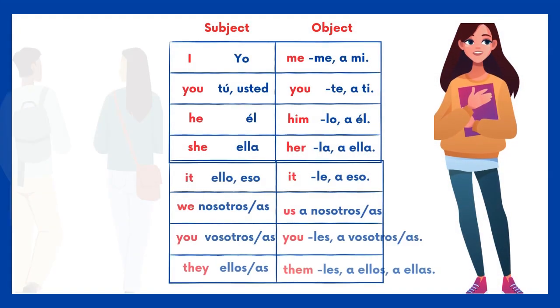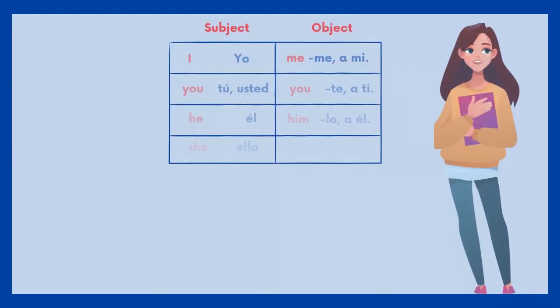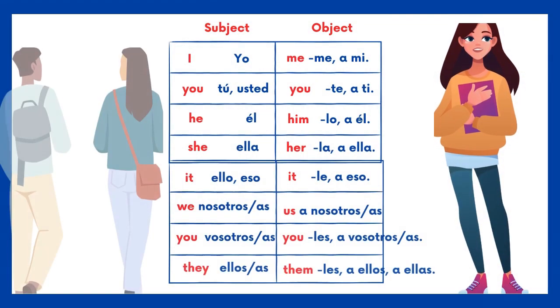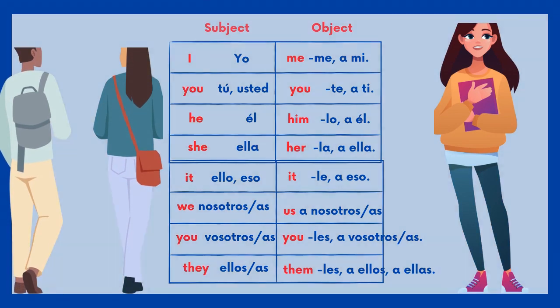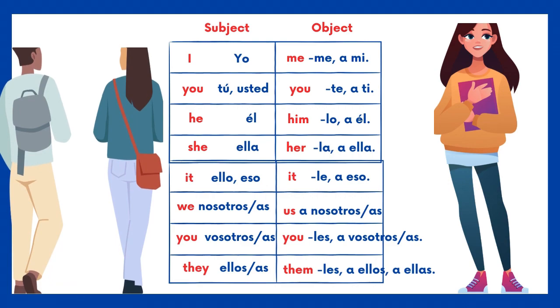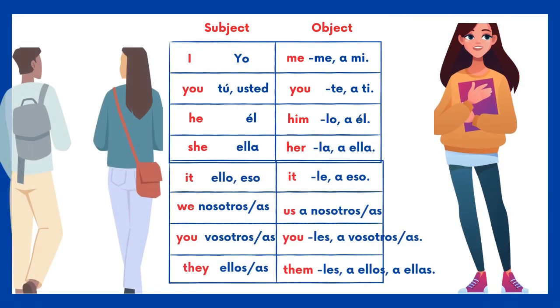Object. Me: me, a mí. You: te, a ti, a usted. Him: lo, a él. Her: la, a ella. It: le, a eso.